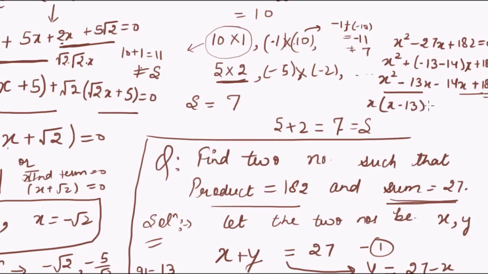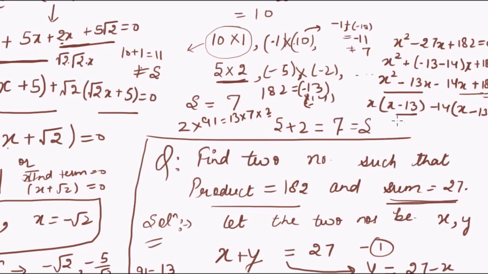Similarly, from the second pair we can have -14 common, because 182 is 13 into 14, so -14 has been taken as common and -13 will be left over here.